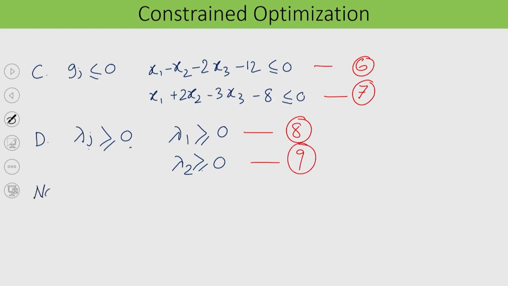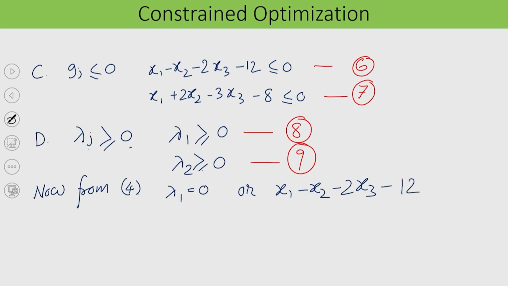Now, from the fourth equation, we may get either lambda 1 equal to 0 or x 1 minus x 2 minus twice x 3 minus 12 is equal to 0.